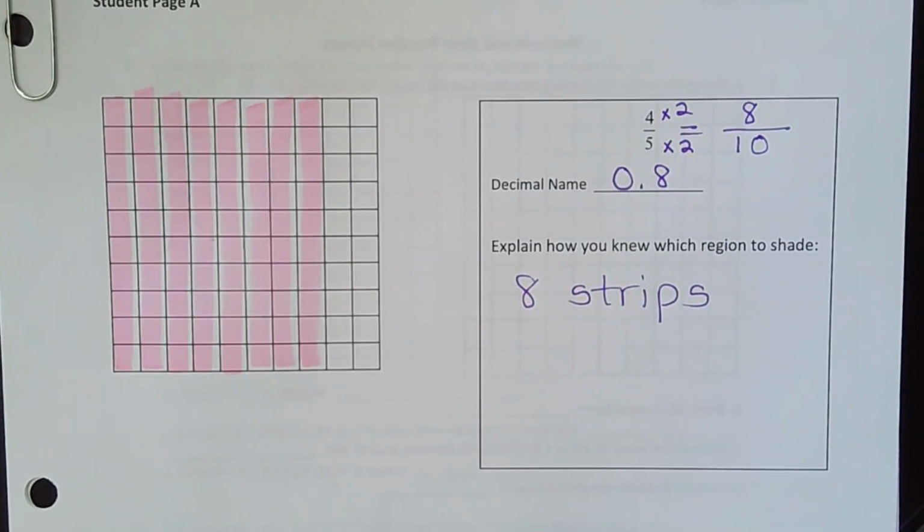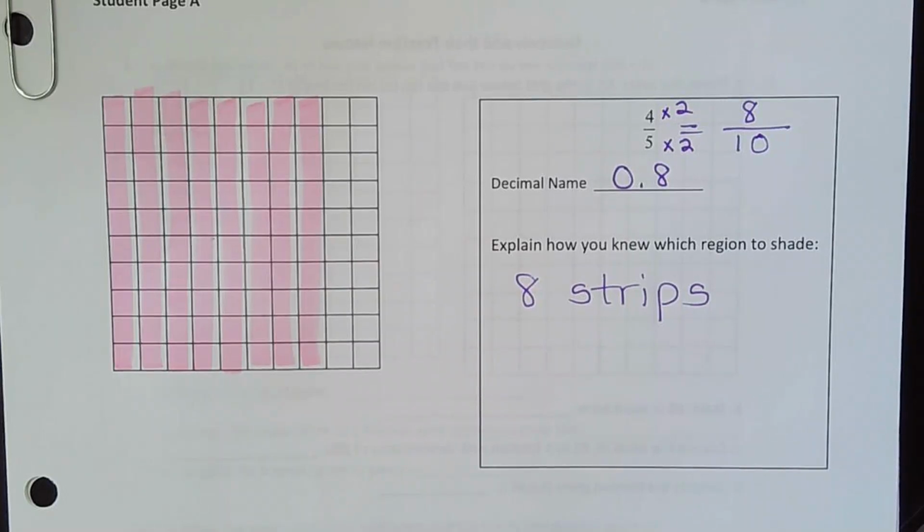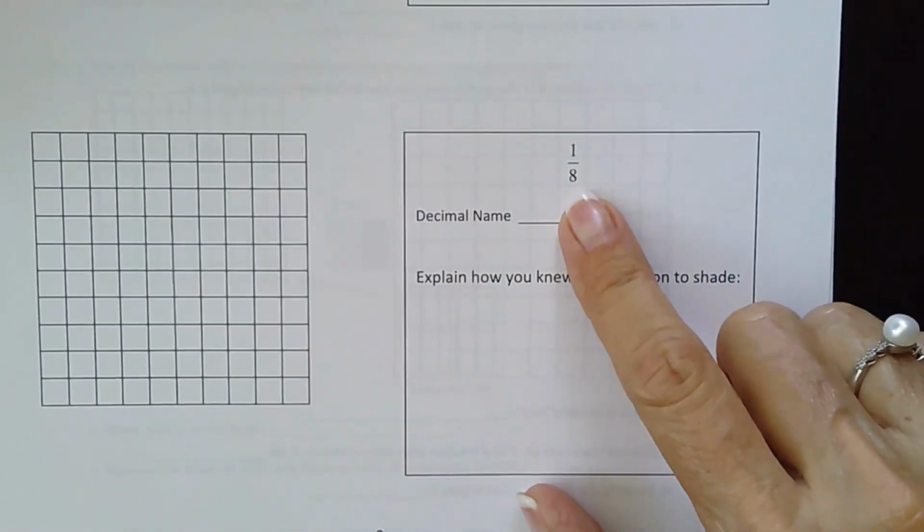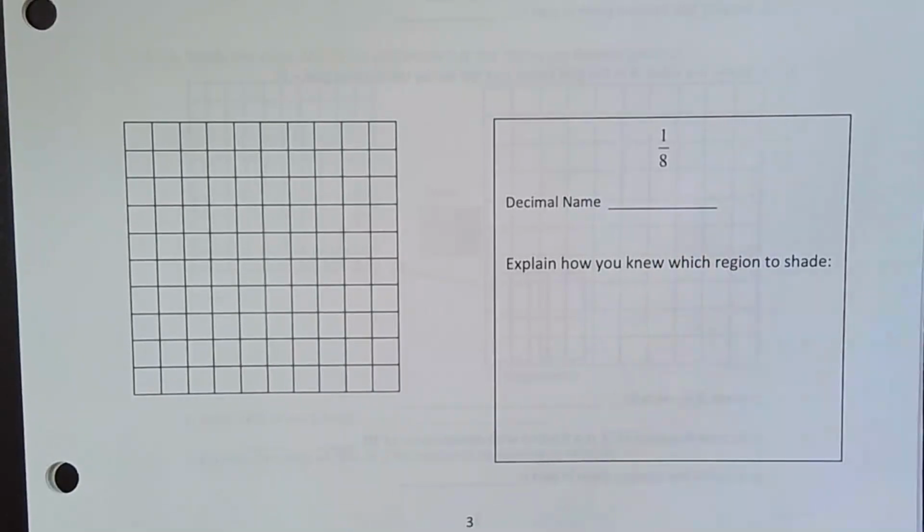And like I said, there are some that go into 1,000 too, but a lot of students wouldn't recognize that. Like this one, do you guys know that 8 goes into 1,000 125 times? No, the average person does not know that.